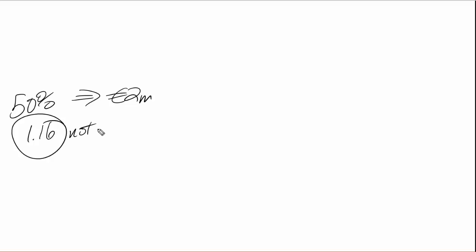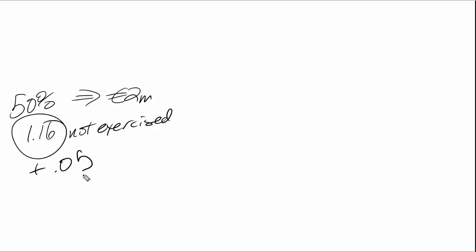On a 50% hedge, we're only hedging on 2 million euro. So if we expire at 116, we are not exercised, and we will have a gain of the 5-cent premium.